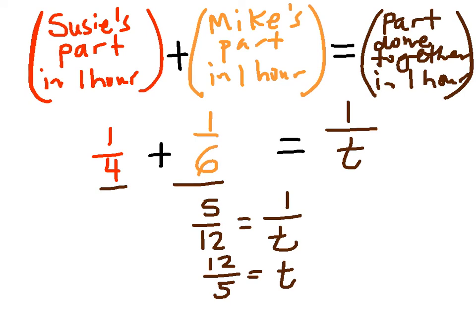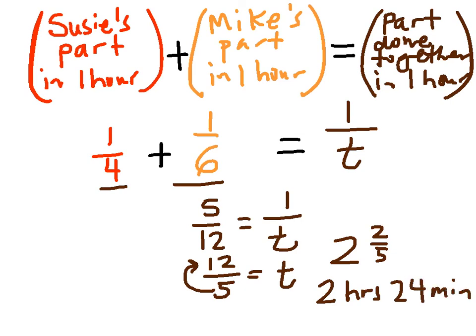Now remembering time is in hours, I need to convert this to a mixed number. So 5 will go into 12 twice with 2/5 left over. And 2/5 of an hour would be 2/5 times 60 for the minutes, and that would give us 24 minutes. So this is going to take them 2 hours and 24 minutes together.